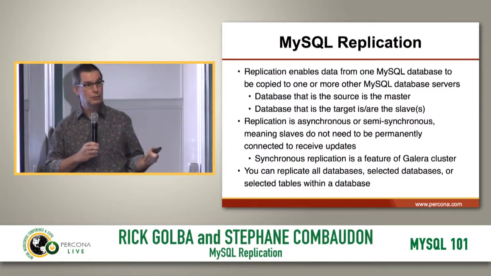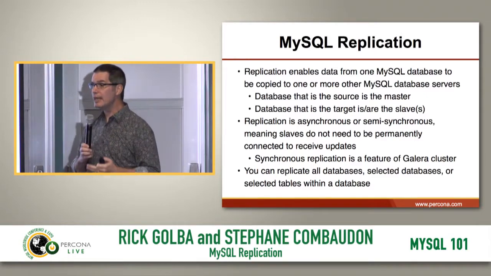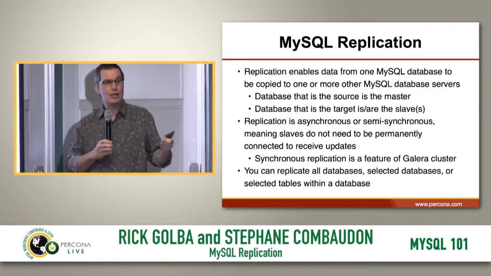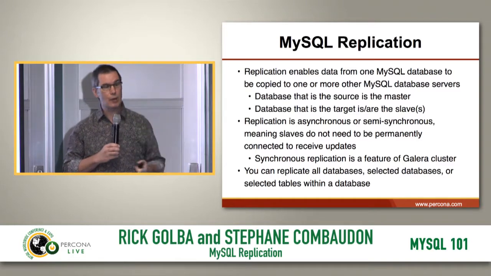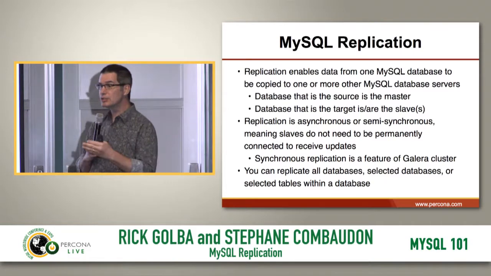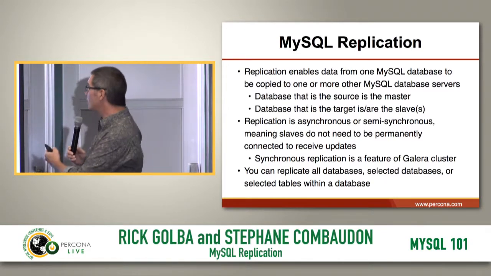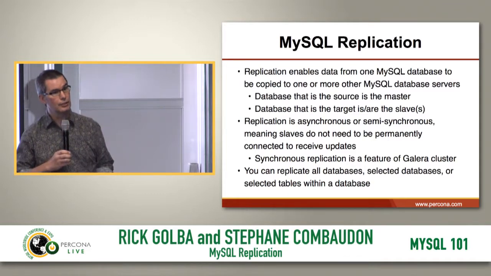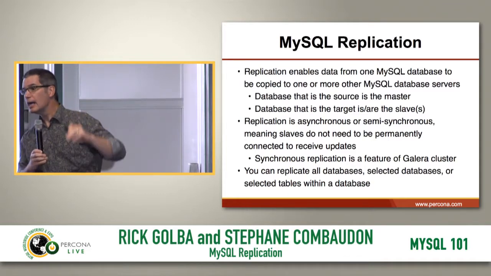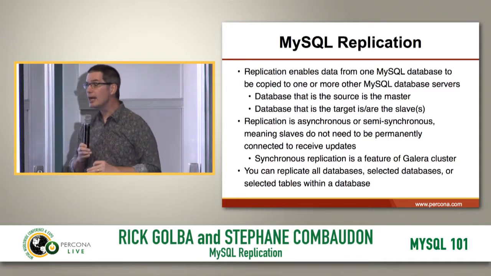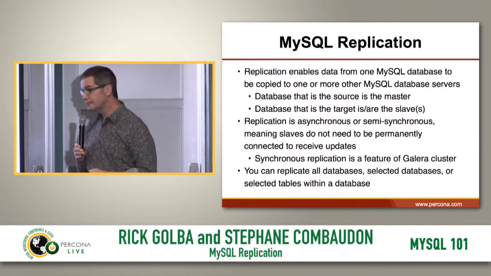You know that your slave may not be absolutely up to date because it may not have connected to the master in the last hour, the last half day, whatever it might be. Of course, there is the idea of synchronous replication out there, but that is a feature of the Galera cluster, so that's a different option than what we're talking about in this situation.